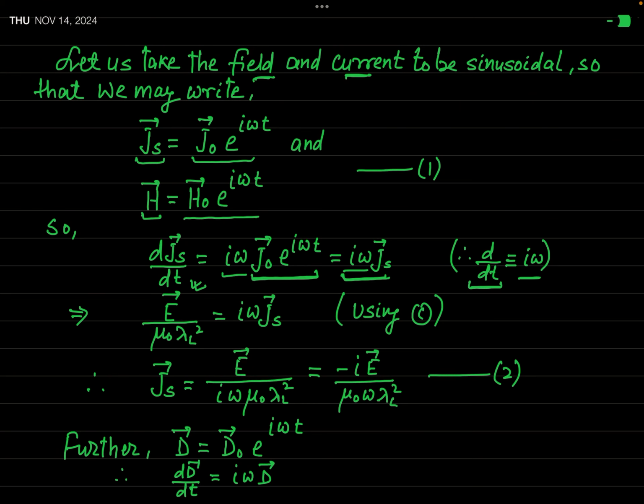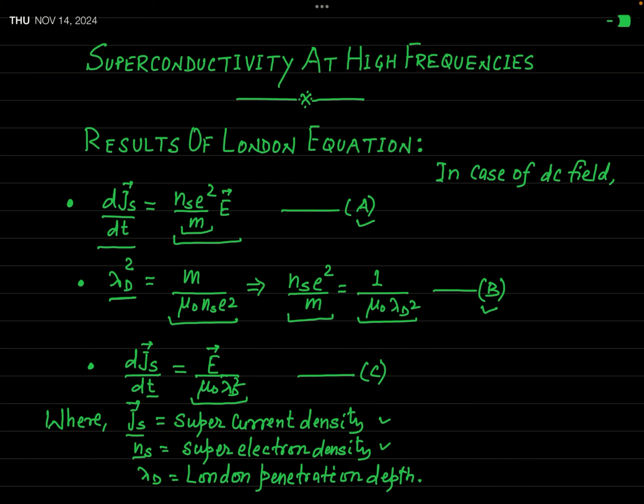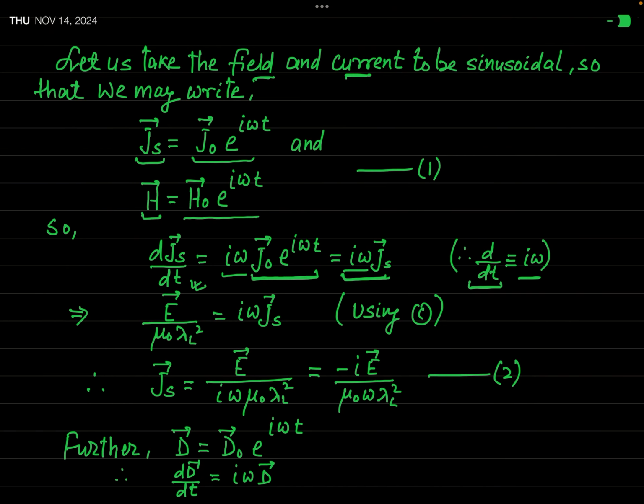But you have seen here that this dJs/dt is equal to this much. So in place of this dJs/dt, you can put E over mu naught lambda L square, and that will be equal to iota omega Js. And so from here this Js is equal to E over iota omega mu naught lambda L square.